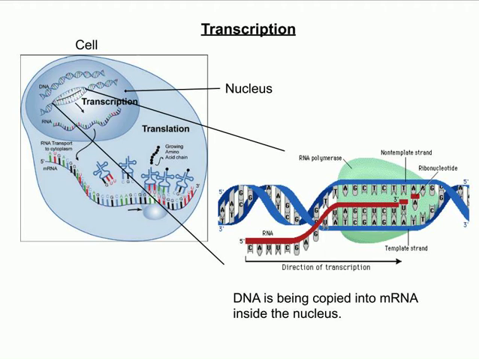The mRNA then leaves the nucleus and goes to the ribosome. And the ribosome will begin reading the mRNA. So transcription is just copying the DNA into a molecule of mRNA.